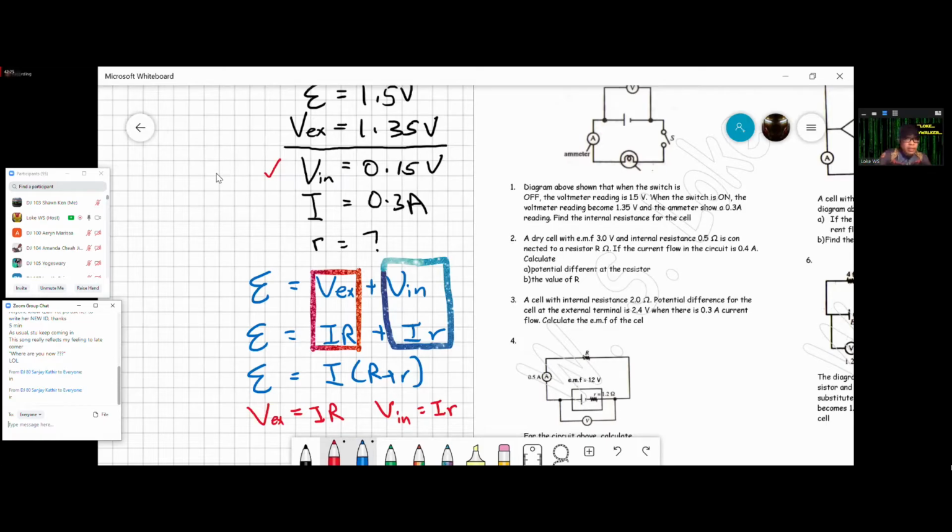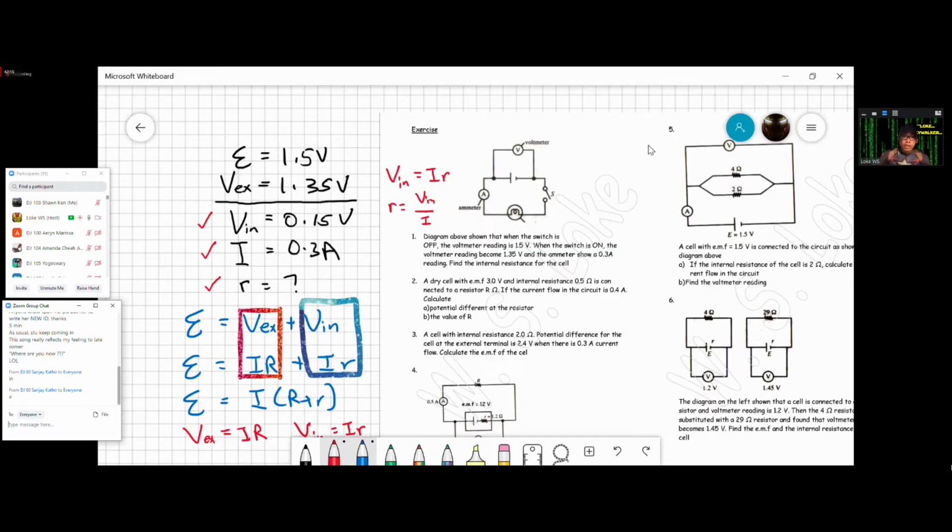Correct or not? I pun sudah bagi. Dia mau carikan r. Betul? So what are you going to do? So basically I just use V internal equals Ir will do, right? Can you see that? So bermakna r menjadi apa? Internal bahagi dengan I lah. Betul tak? Is it okay? Can you follow? Class, are you okay?